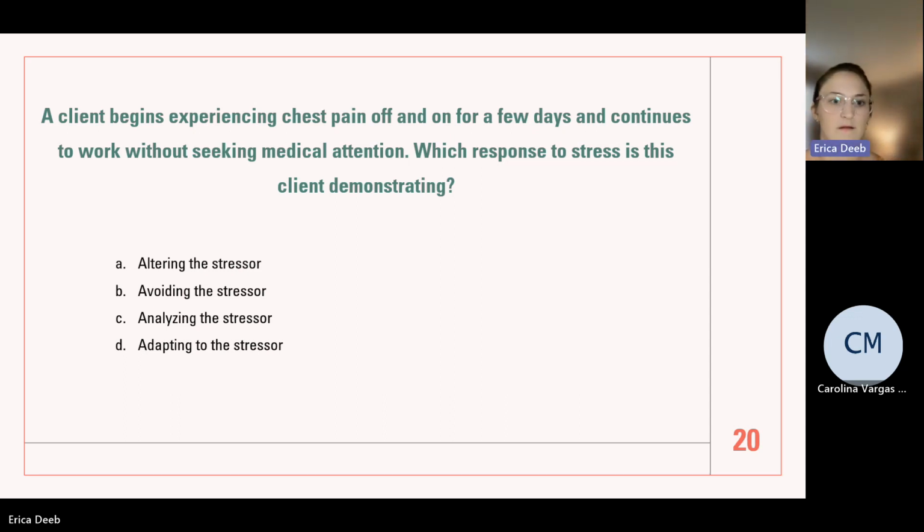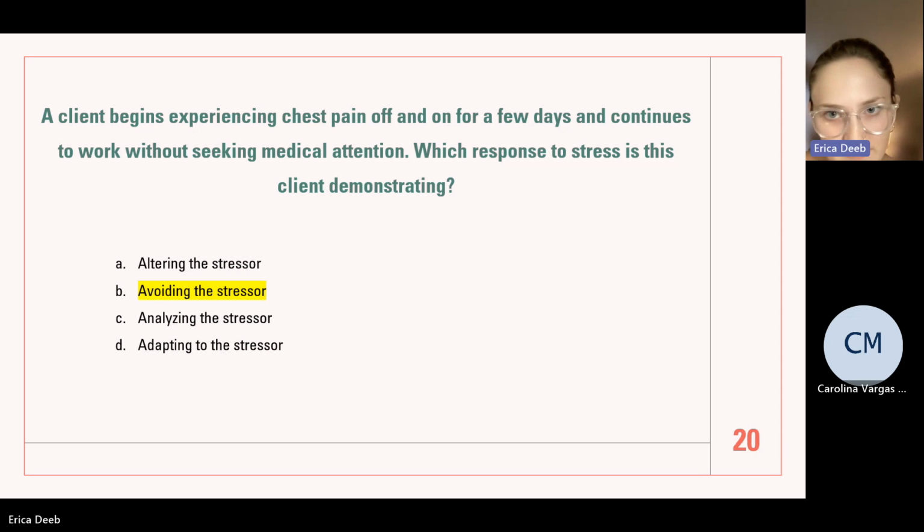So for this one, a client is having chest pain and they're not going to seek medical attention. So this would be avoiding the stressor. They know that there's an issue, they're identifying there's an issue, and then they're choosing to ignore the issue.